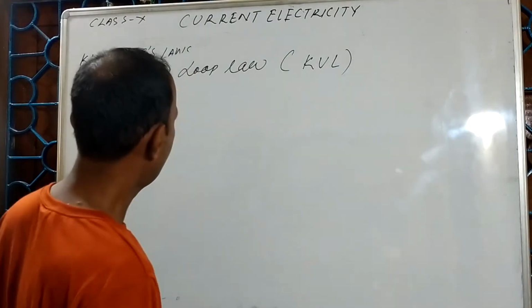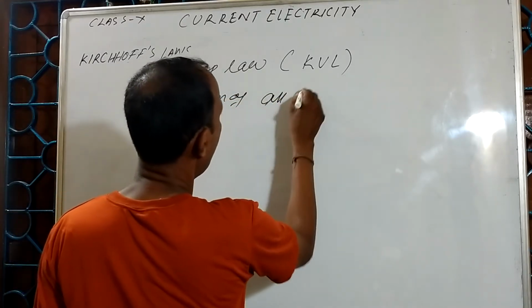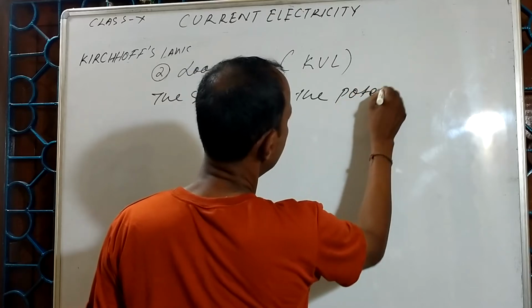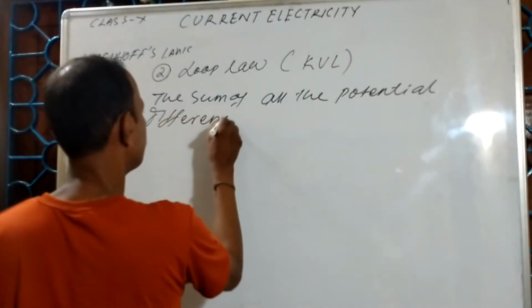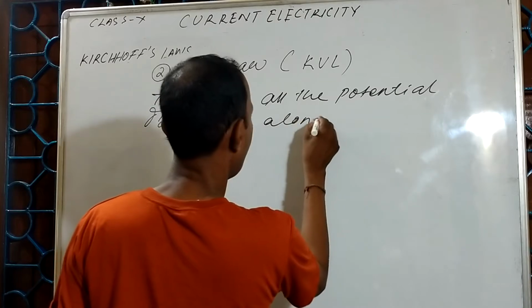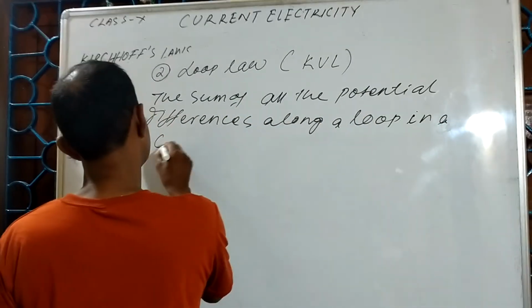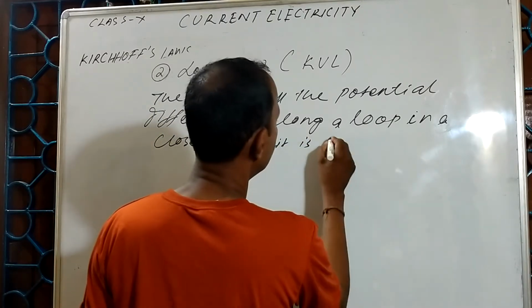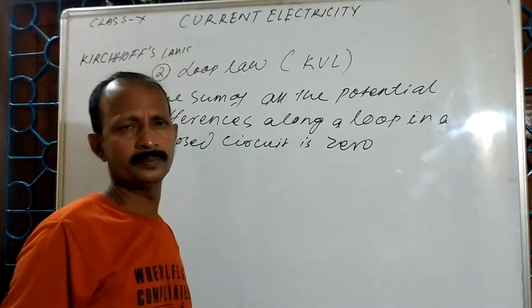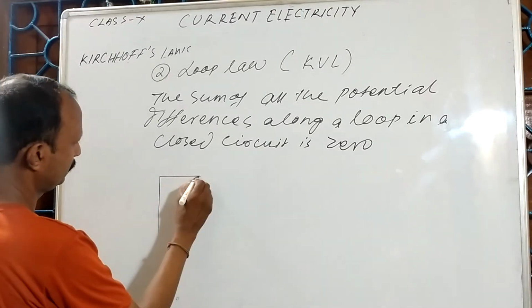So you see that according to this law, the sum of all the potential differences along a loop in a closed circuit is 0.